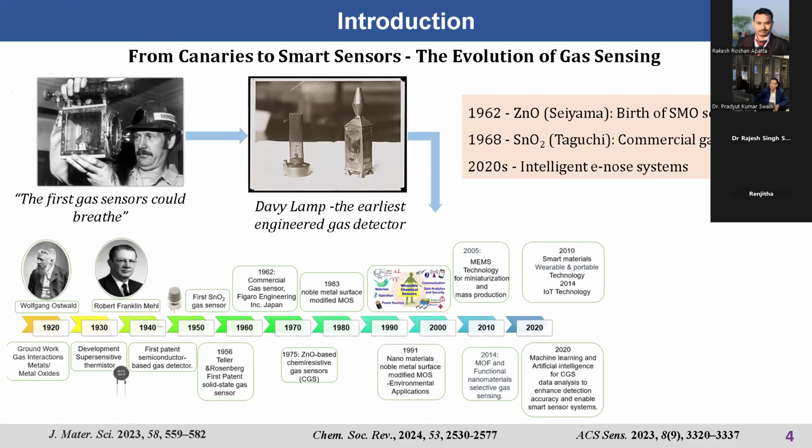The first metal oxide based gas sensor was introduced by Wolfgang and Oswald, followed by further development, such as thermistors and semiconductor based gas sensors. The first SnO2 gas sensor was developed in 1960. In 1975, ethanol-based gas sensors were introduced. Over time, from 1960 onwards, there was a lot of development.